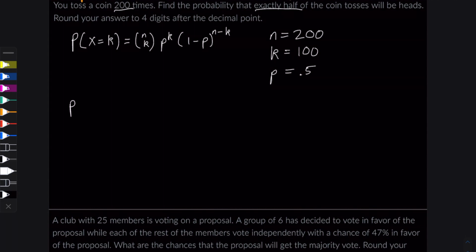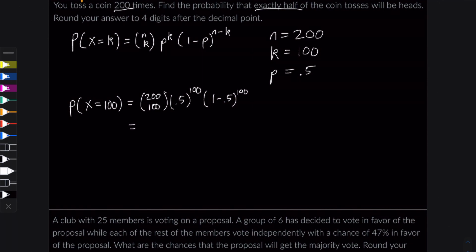So now we're looking for the probability that x equals 100 is 200 combination 100, and then p, which is 0.5 to the 100, and then 1 minus 0.5 to the 100.